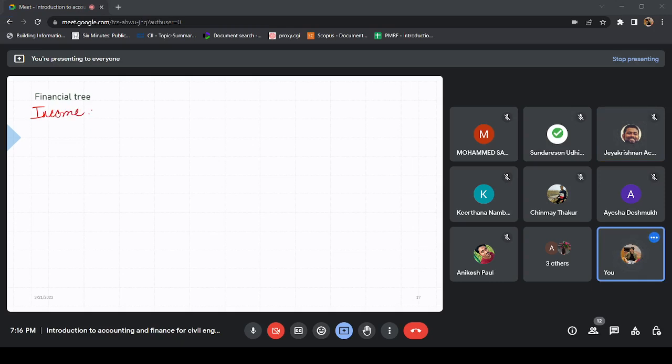Like the income statement. What do you have in the income statement? You have got sales and you have got costs, right? Sales is plus, cost is minus, and from there you get operating profit. This was the case.